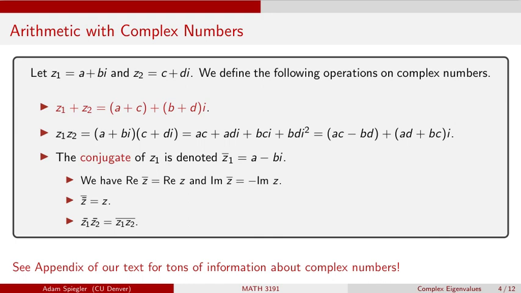And there is lots more information about complex numbers and arithmetic of complex numbers and some geometry of complex numbers that are in the appendix. What I've presented here are really just like the greatest hits of complex numbers, the properties that we're going to need in order to continue our work with eigenvectors and eigenvalues when a matrix has complex eigenvalues.